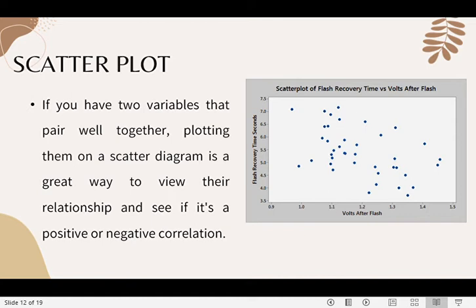So if you create a line over here which tells us the positive relationship, you would see that there are many variables which are away from the line. But if you have a line starting from 1.5 going to the left direction upward, that would mean that the relationship is negative.